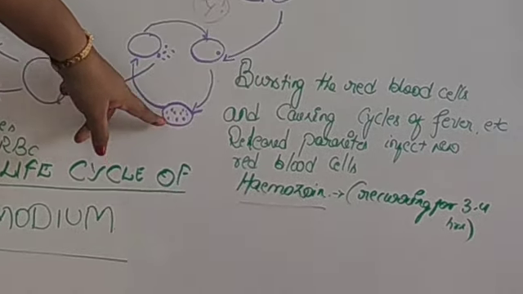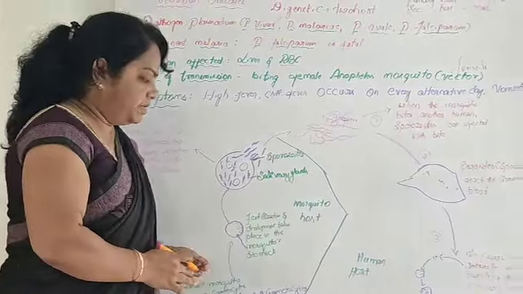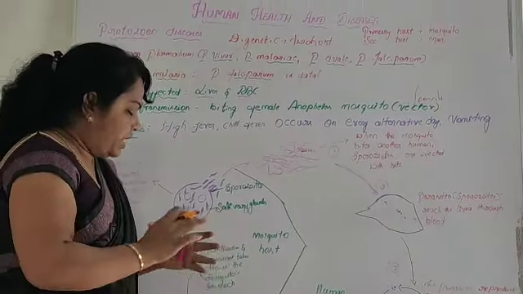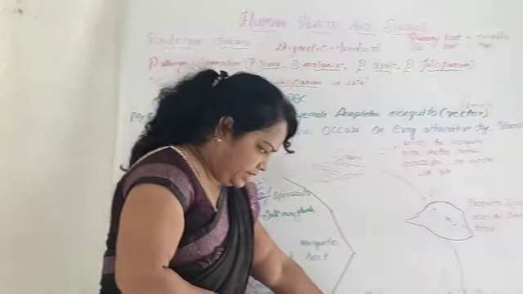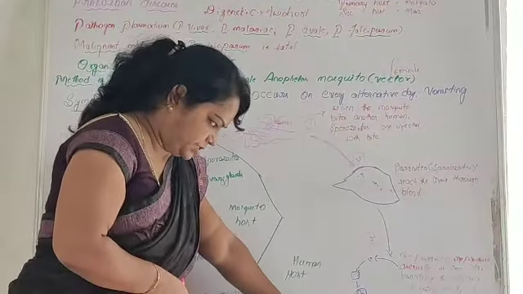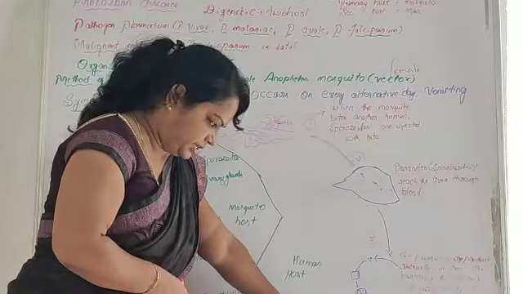What are the symptoms? High fever, chills, fever on every alternate day, vomiting, and as I said earlier, muscular pain. All these symptoms keep appearing. So this is happening in the blood cells after the rupturing of the red blood cells, with the release of that chemical.